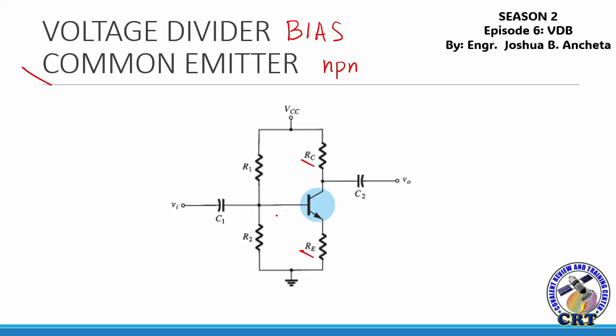And for the base terminal, there are two resistors connected in a voltage divider network, R1 and R2. As you can observe, in voltage divider bias, there are four resistors in the circuit.